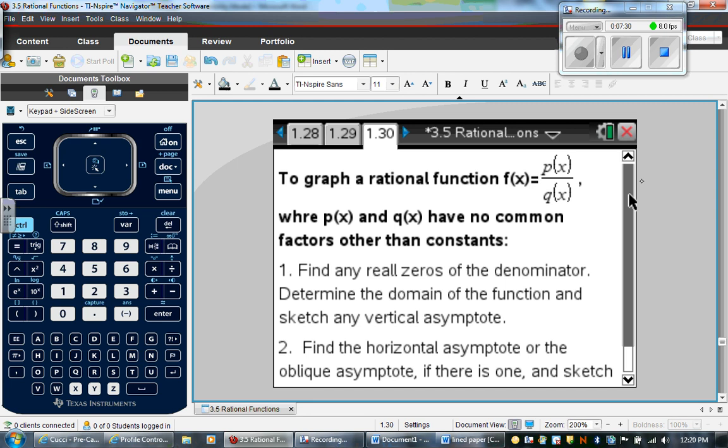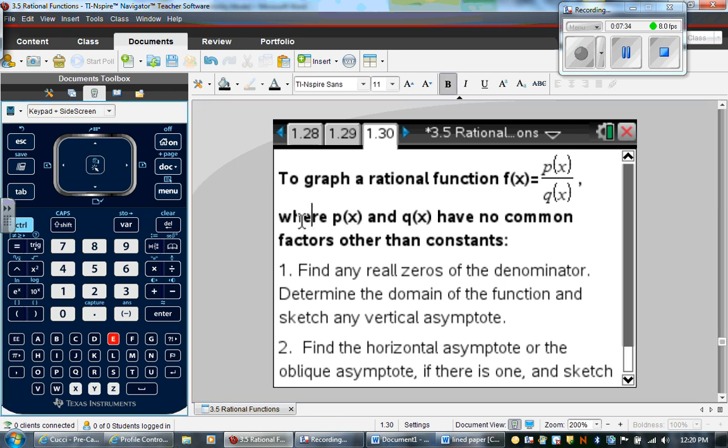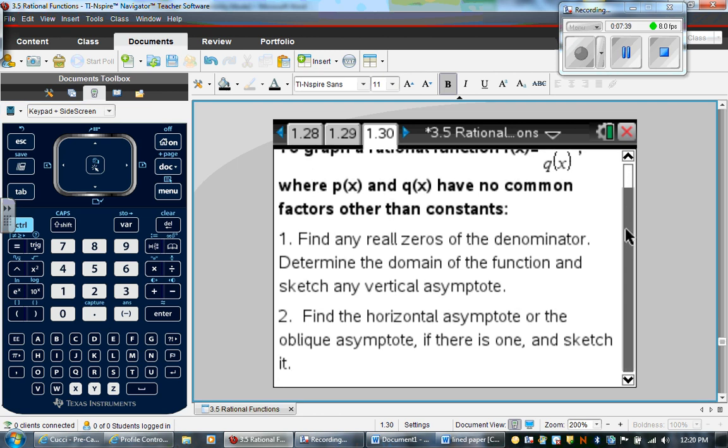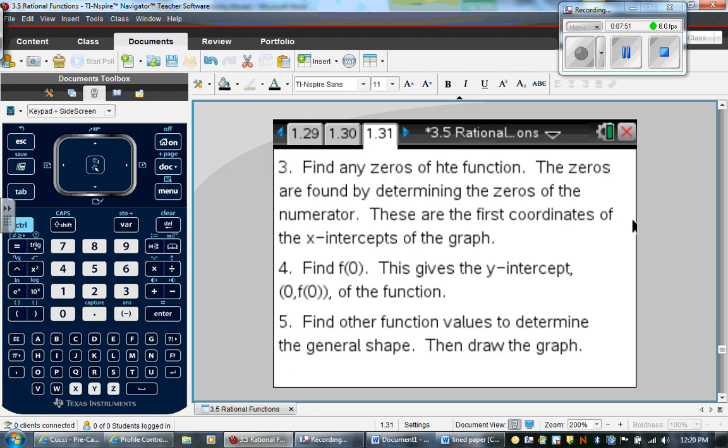To graph a rational function where p of x and q of x have no common factors other than the constants, we find any real zeros of the denominator, we determine the domain of the function, and we sketch the vertical asymptotes. Then we find the horizontal asymptote or the oblique asymptote, if there is one, and we sketch that. Then we find any zeros of the function.